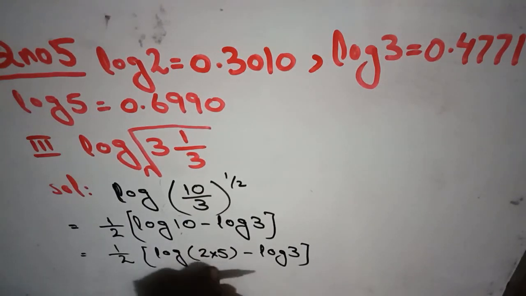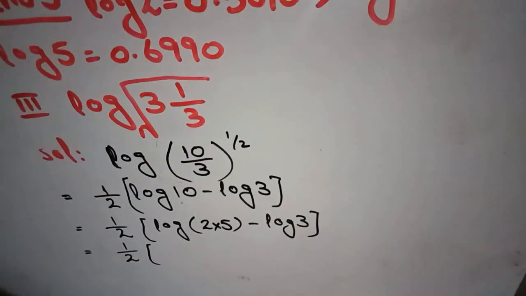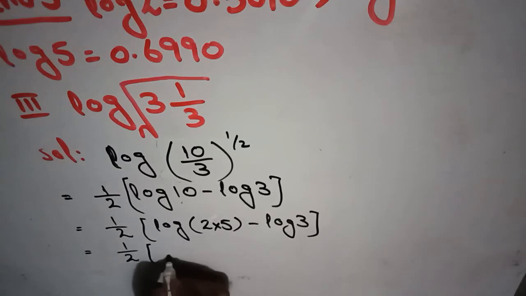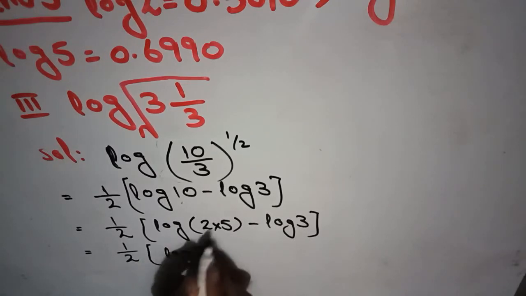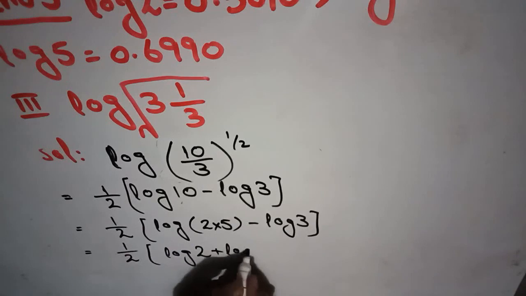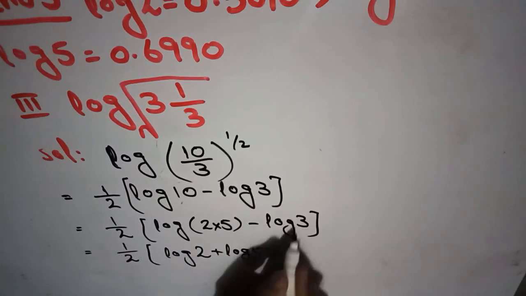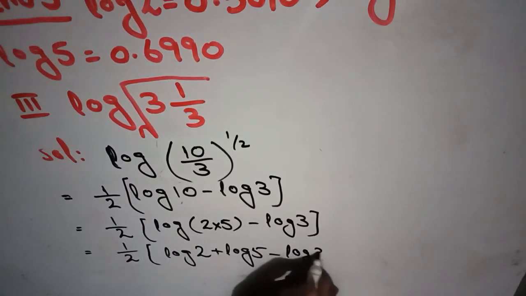So in the next step, you will change the product into the sum form: log 2 plus log of 5, and minus log of 3 can be written.